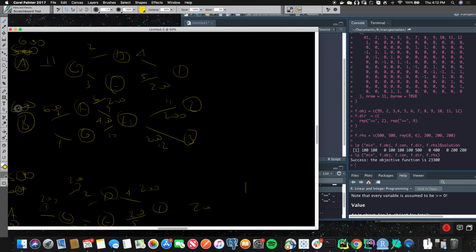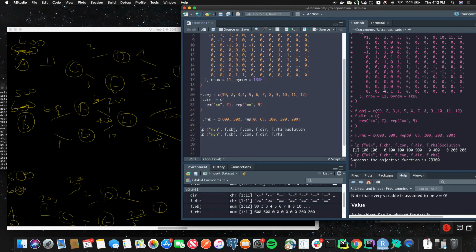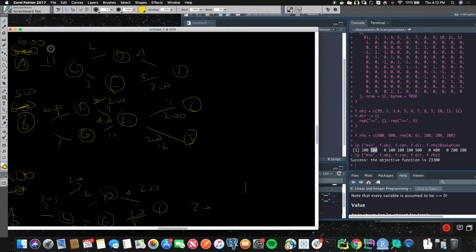So now we see that x1 is 100, x2 is 100, and then 100 came through here, 500, 200, 400, 200, 200. So because there was limited supply over here, we had to put 100 through this very costly pathway.